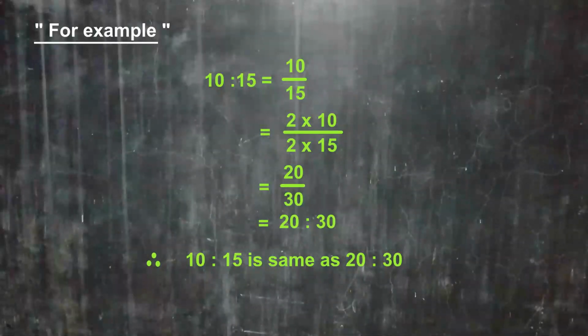Let us see the example for case 1. 10 is to 15 is equal to 10 by 15, which is equal to 2 into 10 by 2 into 15, which is equal to 20 by 30, which is 20 is to 30. Therefore, 10 is to 15 is same as 20 is to 30. 2.